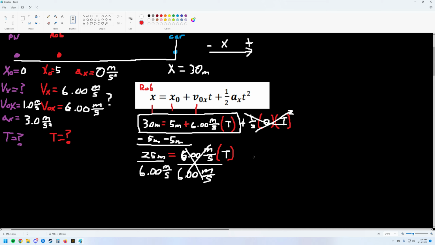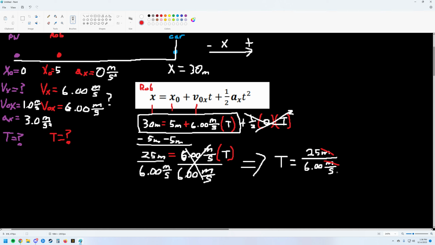We're left with basically our time is going to equal 25 meters over 6.00 meters per second. Now, since we're dividing 25 meters by 6.0 meters per second, our meters cancel out. The only unit we have left is time.